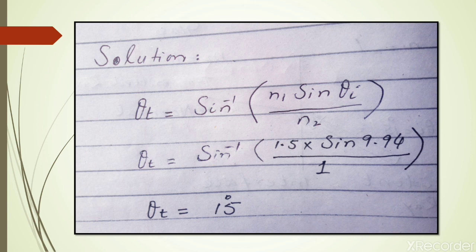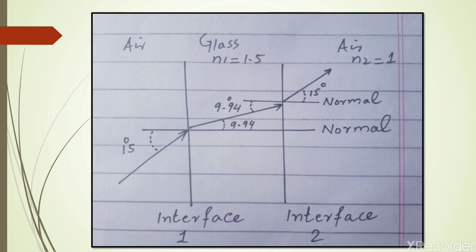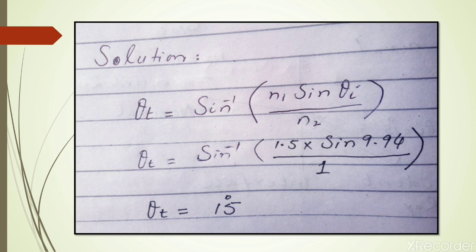So medium number 1 is glass, and the refractive index of the glass is 1.5. The angle of incidence is 9.94. And N2 in this particular case is air, so N2 is 1. If we calculate, the angle of transmission comes out to be 15.